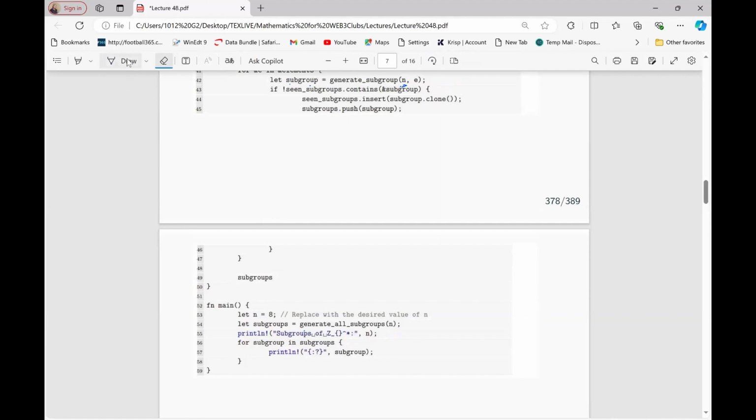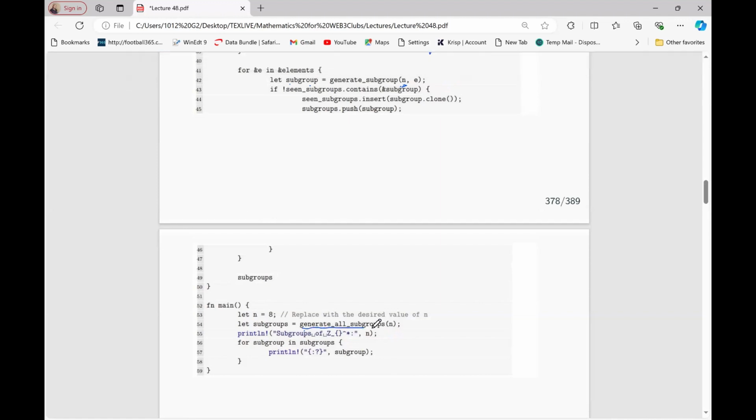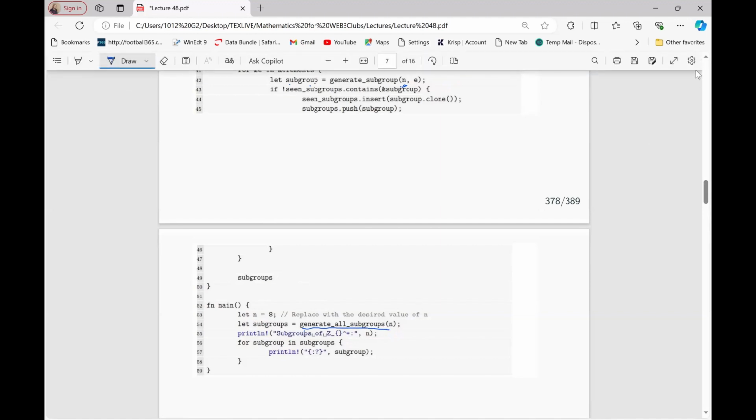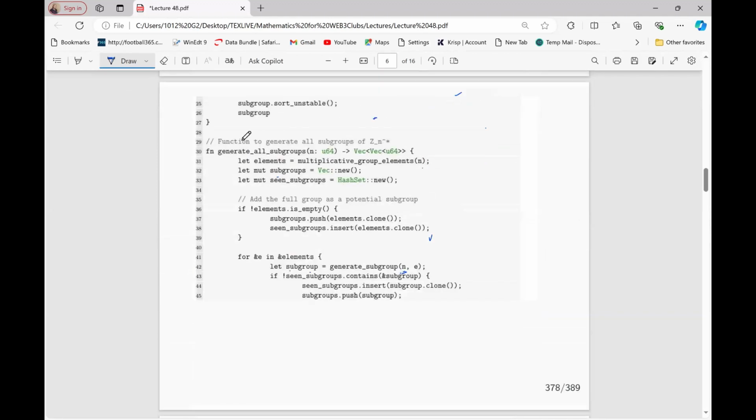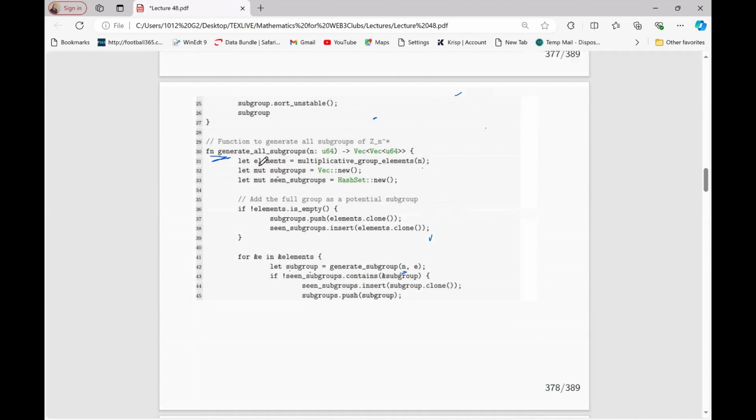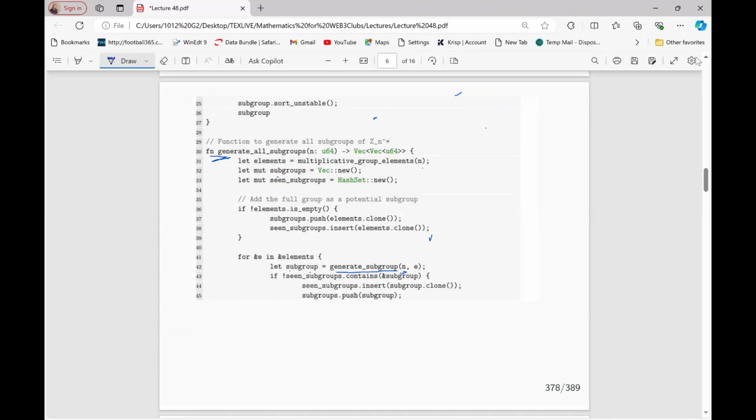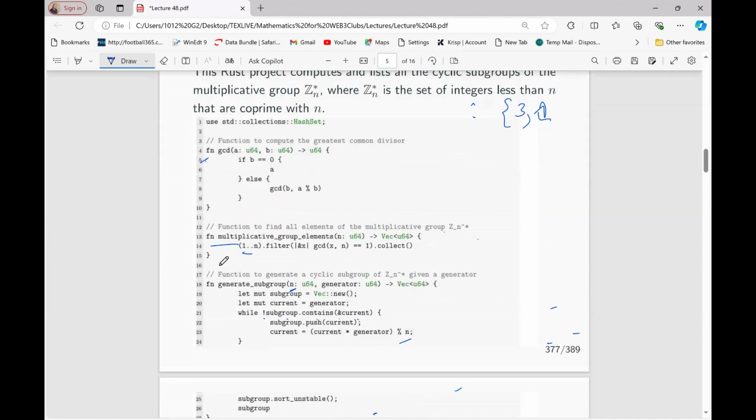So the main function begins by asking the generate all subgroups function, and the generate all subgroups function is here. Now the generate all subgroups function calls the generate subgroups function, and the generate subgroups function is here.